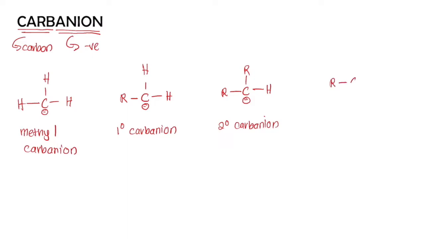And this one, tertiary carbanion. The classification is done the same way. Tertiary carbanion must have three alkyl groups attached to the carbanion. For secondary, it must have two alkyl groups attached to the carbanion. So this is carbanion, a carbon that is negative.